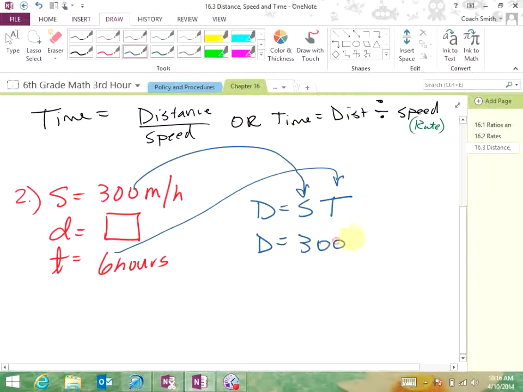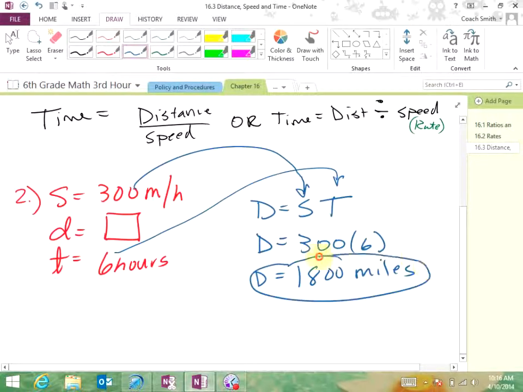So, 300 times 6. Distance is measured in miles, feet, yards, inches, things of that nature. How much distance did we cover? Owen? Brandon? Yes, we've traveled 1,800 miles. And you must have the correct label. Label your answers.